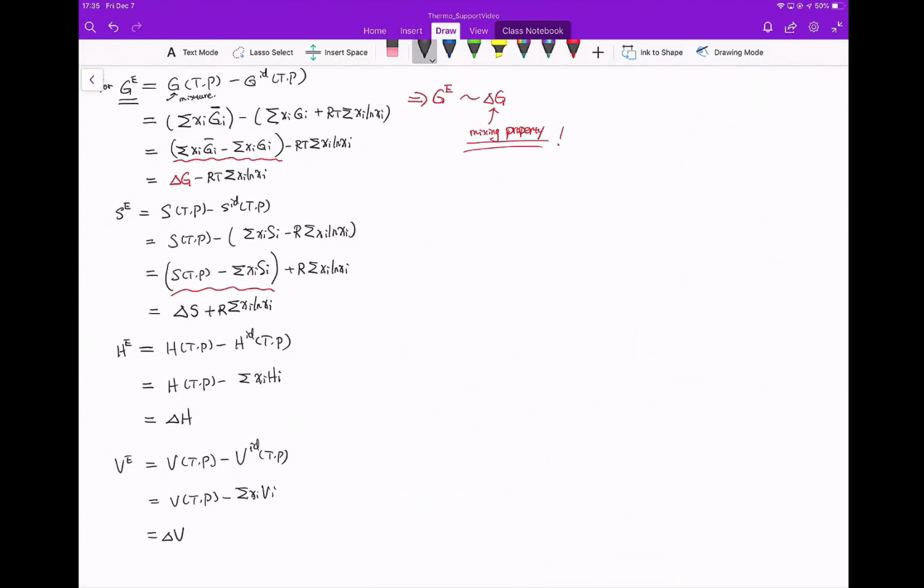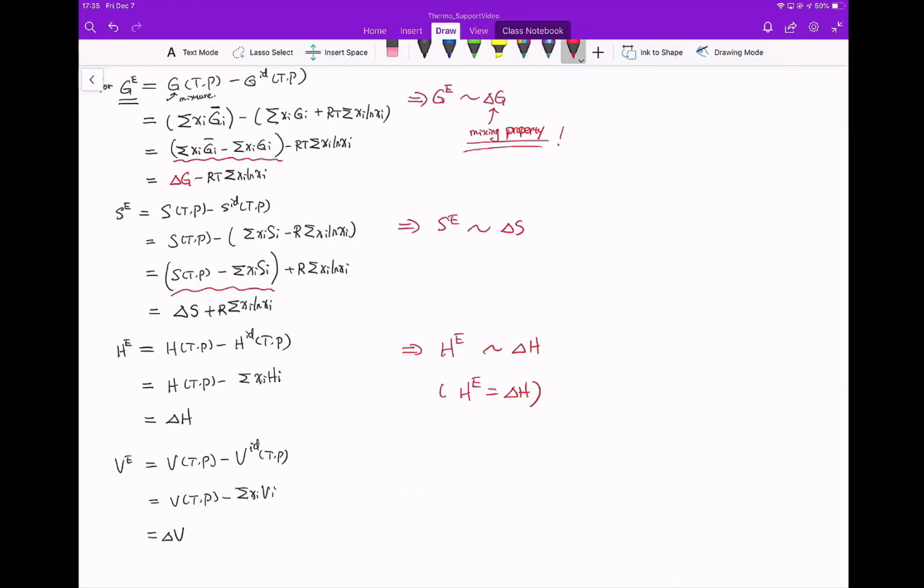So still the message is that SE, the excess property of entropy, is somehow related with delta S. The excess enthalpy is also related with delta H. It's actually exactly the same.